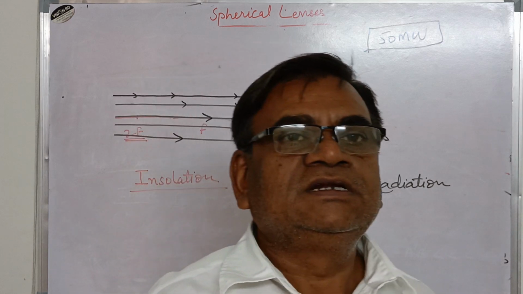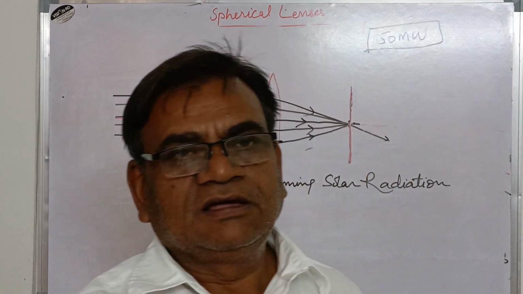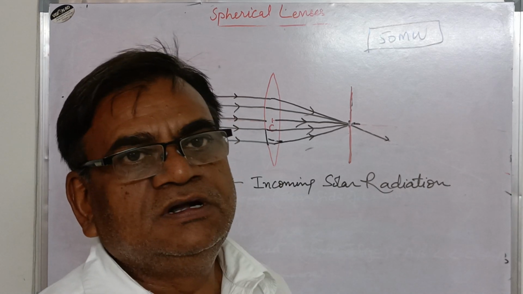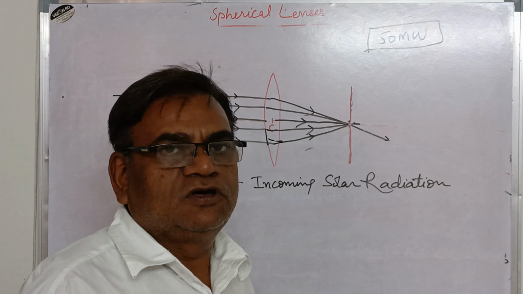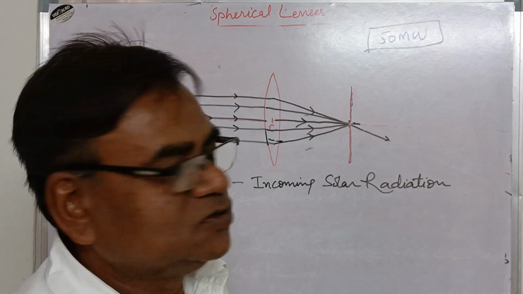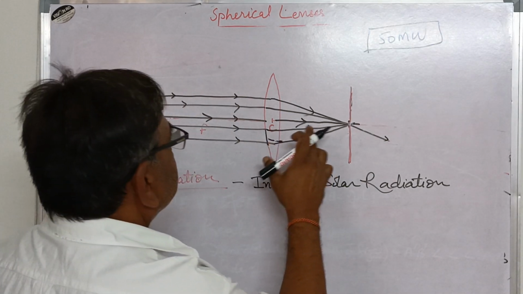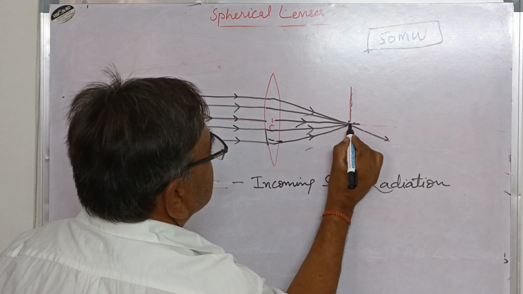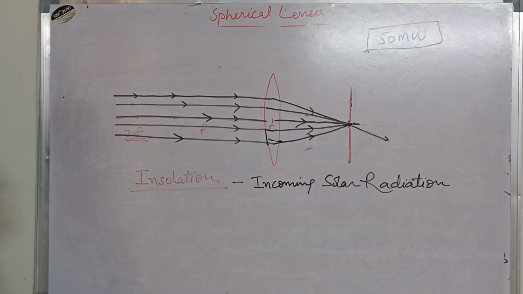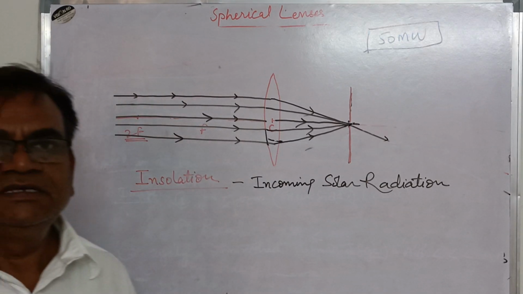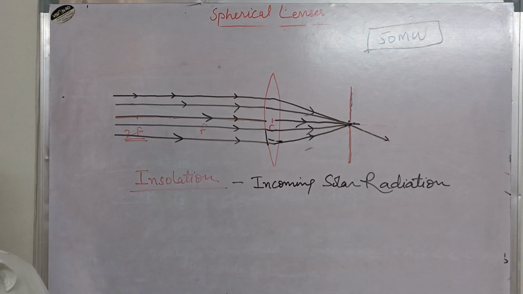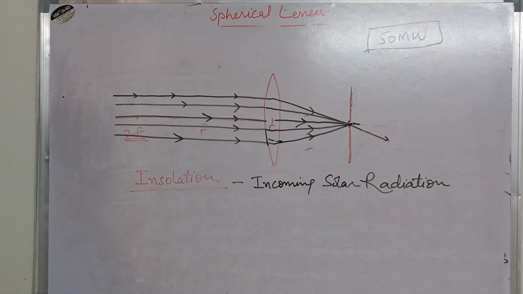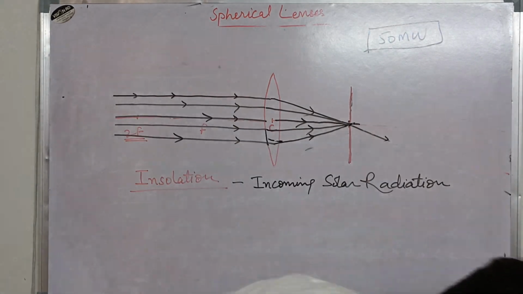A black body radiates heat and also absorbs heat very well. The black thing is a good absorber of heat, and a good radiator also. So when the rays are focused here, the heat energy is generated and the total heat energy is received by that black body, that black paper, and so the paper burns easily. Okay.